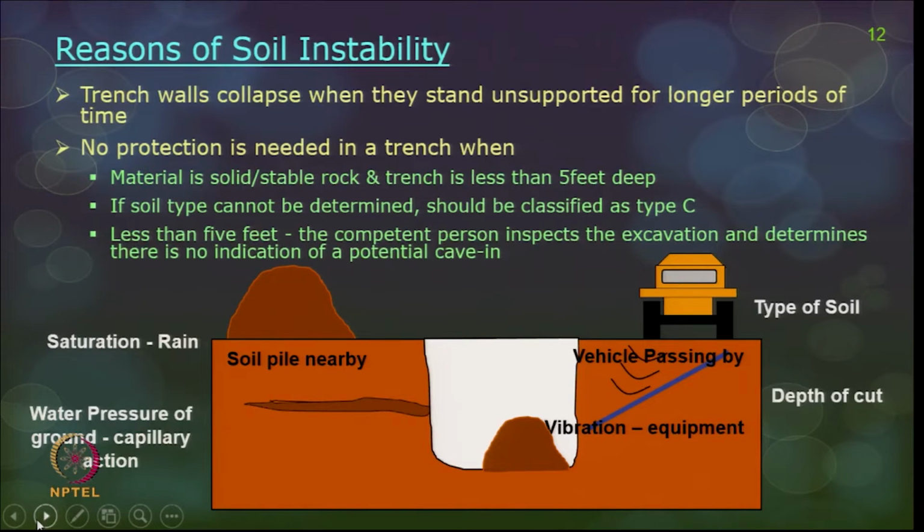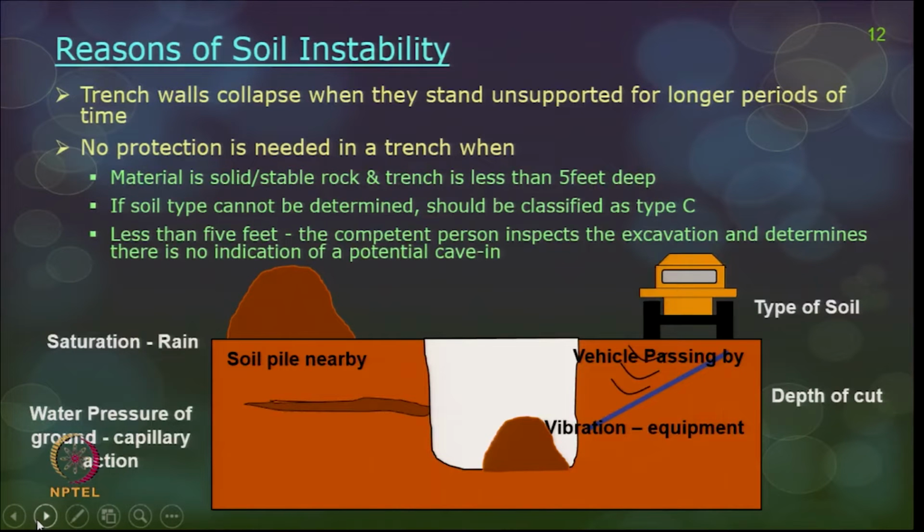And when you are just below 5 feet and so on, a competent person should start inspecting the excavation and determine whether there is any indication of a potential cave-in. Then you start putting in all your safety shields and barriers, and then you can go ahead in continuing with your excavation.